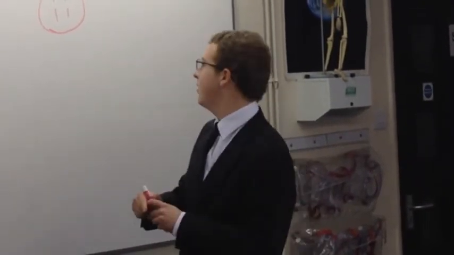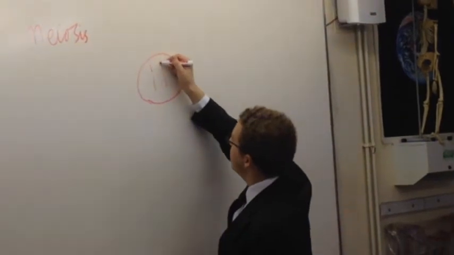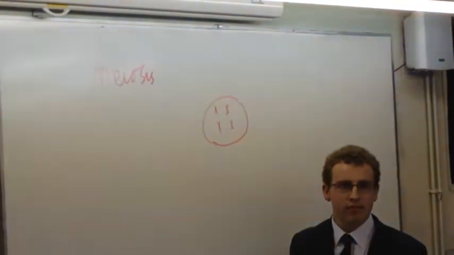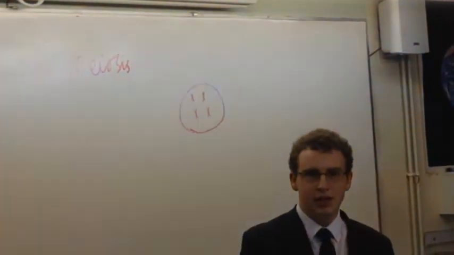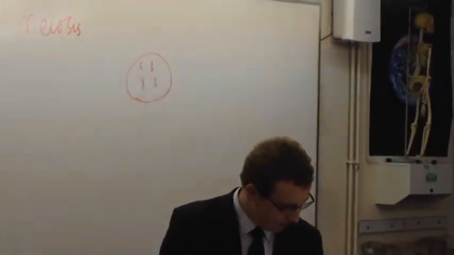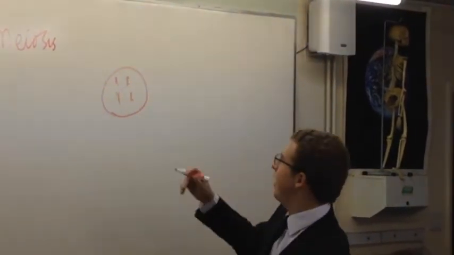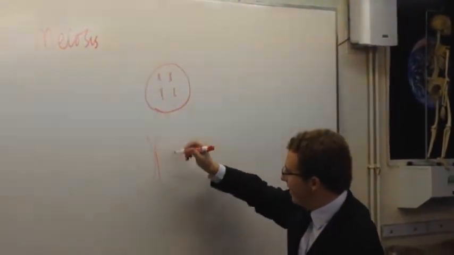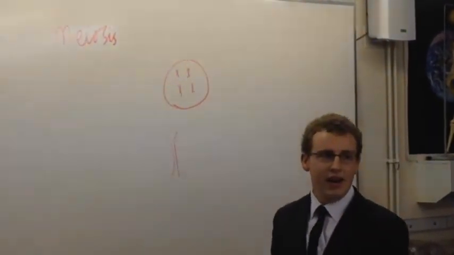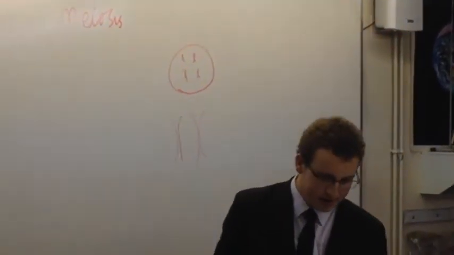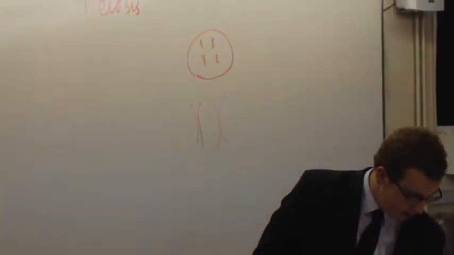Then there's prophase 1, where each chromosome doubles and replicates, so 46 chromosomes turn into 92 chromosomes, and then they go into homologous pairs, with chromosomes from mum and dad.